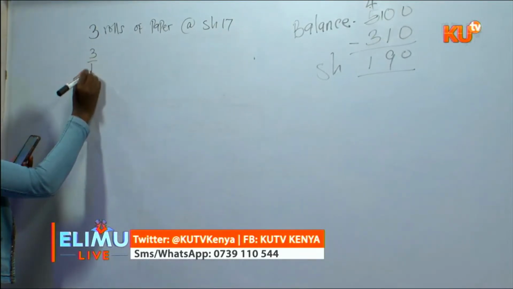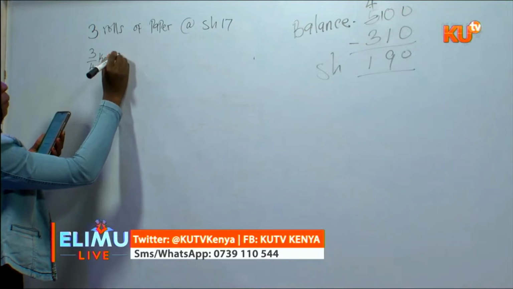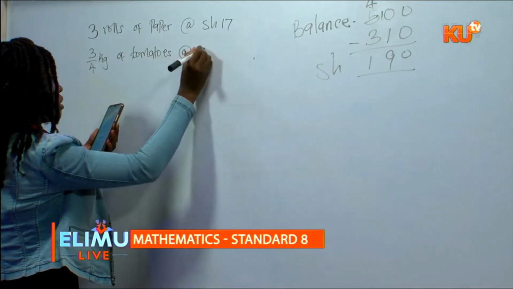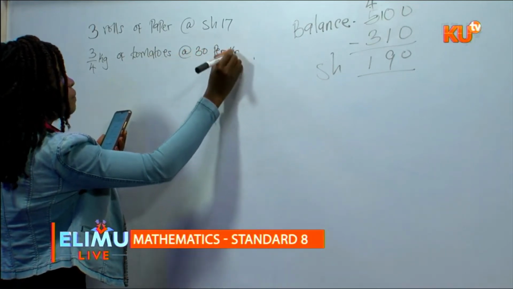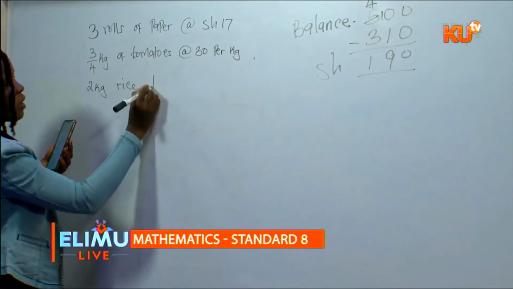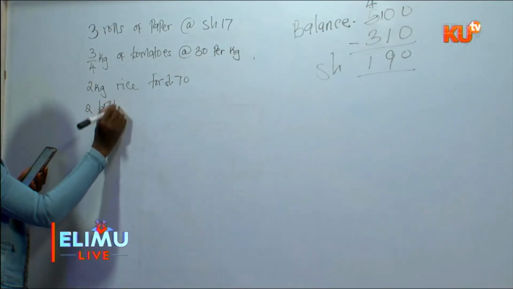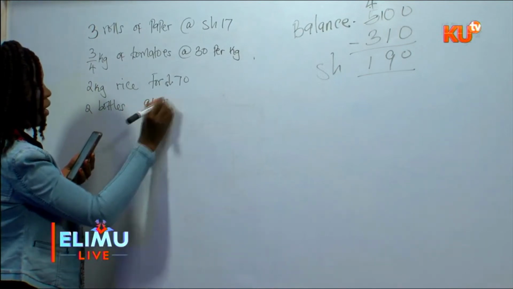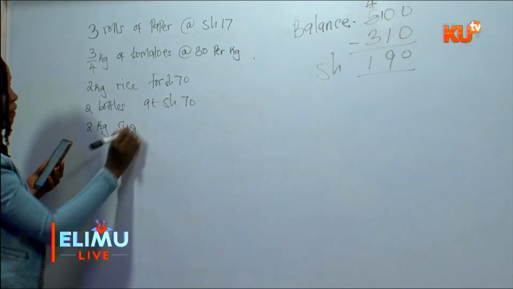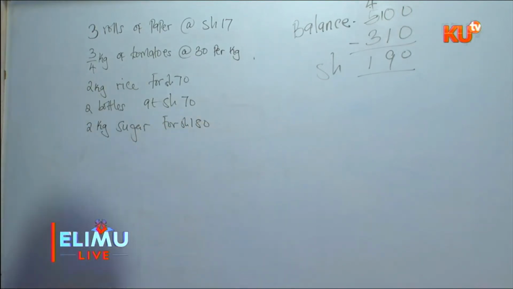Then we have 3/4 kgs tomatoes at 30 per kg, and then 2 kg rice for 70 shillings, and then we have 2 bottles of juice at 70 shillings, and 2 kgs sugar for 180 shillings. So we are preparing the bill first.